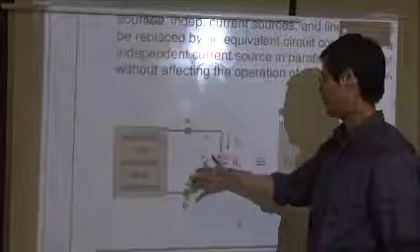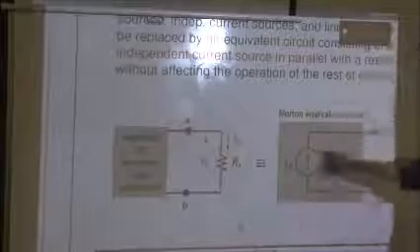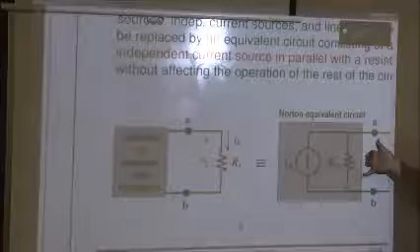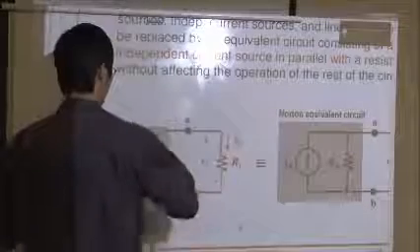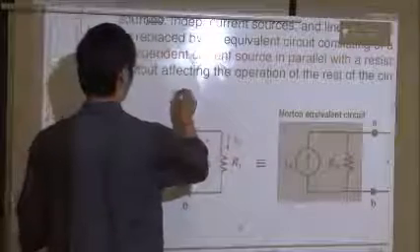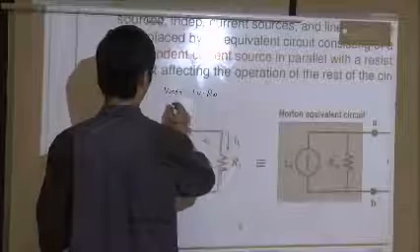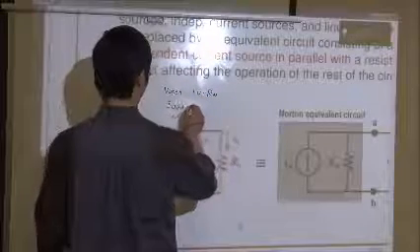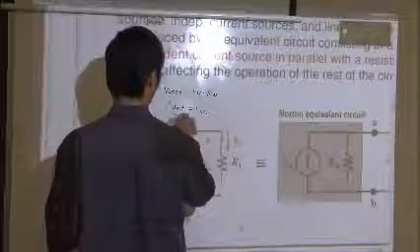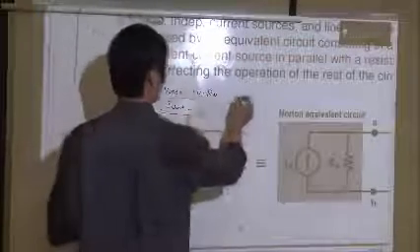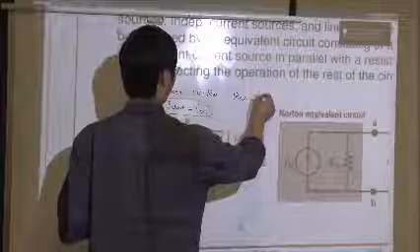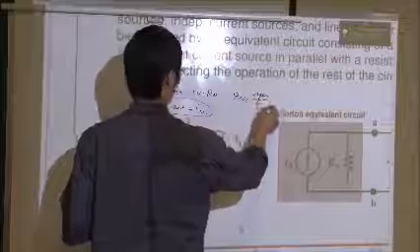You find out the open circuit voltage and short circuit current. For this one, the open voltage will be equal to IN times RN, and the short circuit current will be equal to IN. So you find out these, then your RN will be V open over I short.